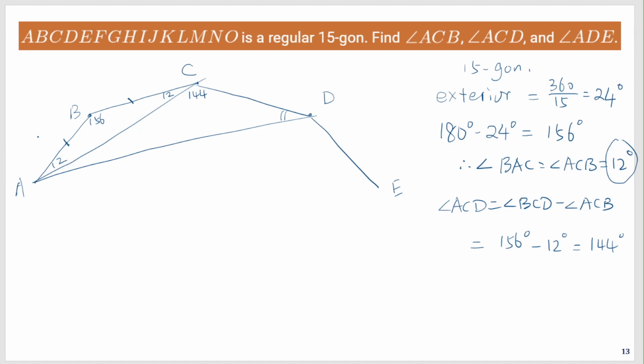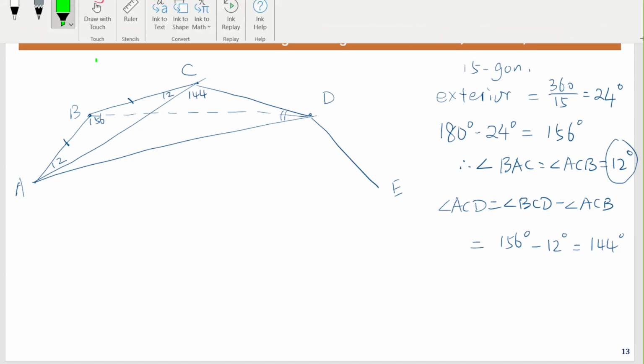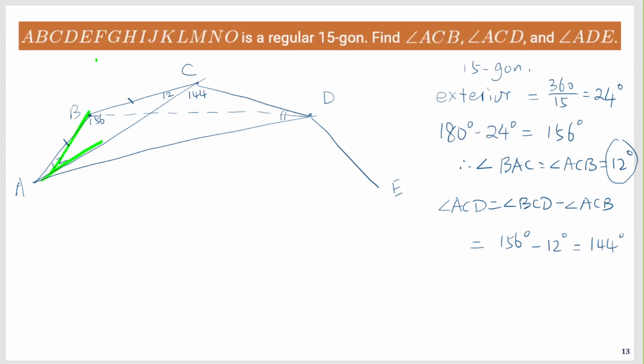Well, we could use some congruent triangles to help us with that. So if you connect B and D, then we know triangle ABC must be congruent to triangle BCD, right?